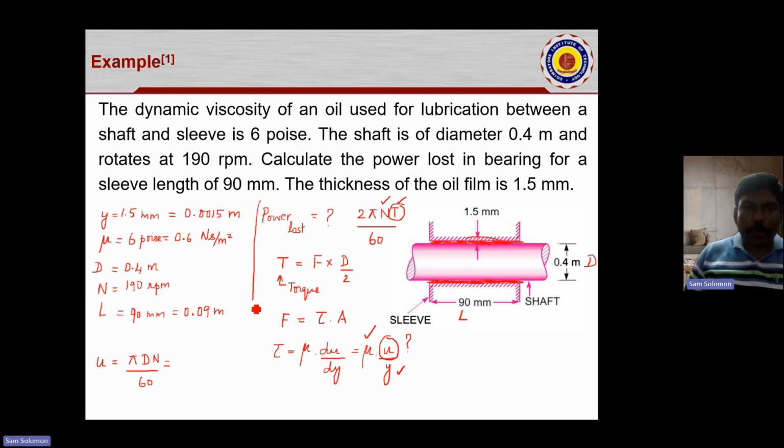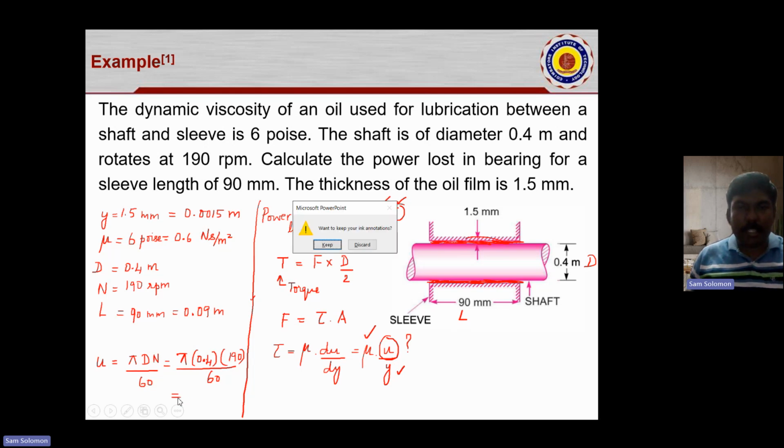Okay, so we substitute the value. This is going to be 0.4. And the value of speed is 190. To convert it to seconds, we are dividing it by 60.